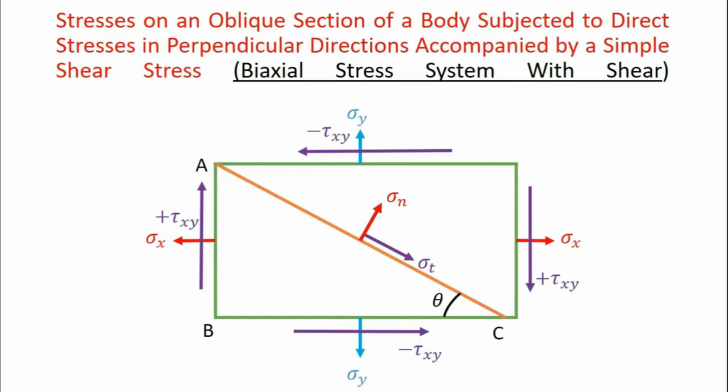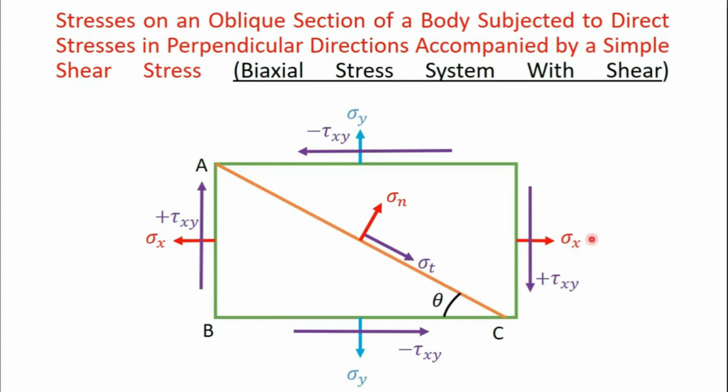Now we are considering stresses on an oblique section of a body subjected to direct stresses in perpendicular directions accompanied by a simple shear, and this can also be said in short as a biaxial stress system with shear. Now this element I am considering can be said to be a cross section of any body.